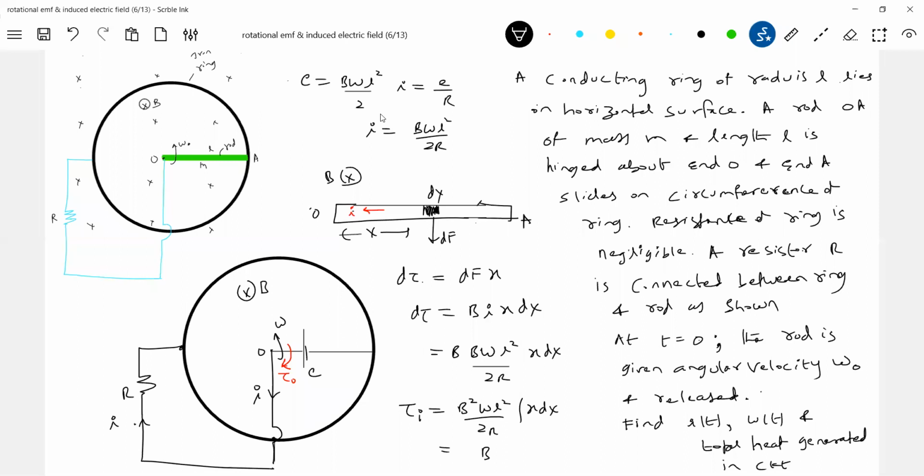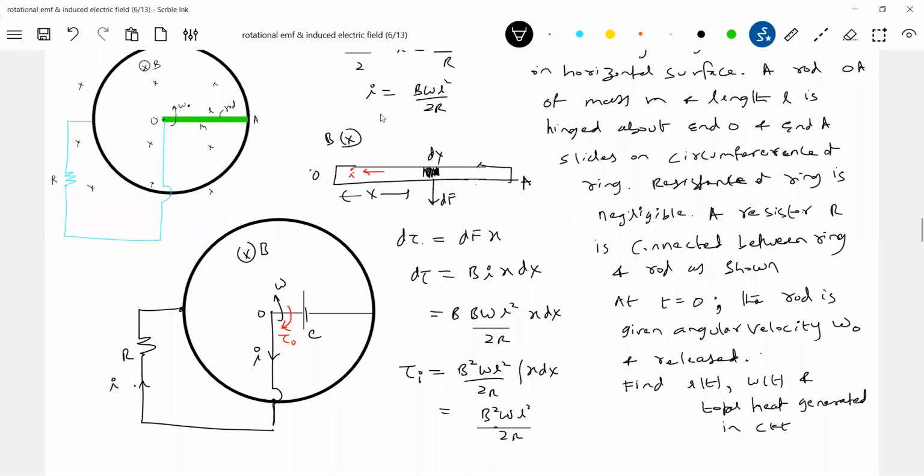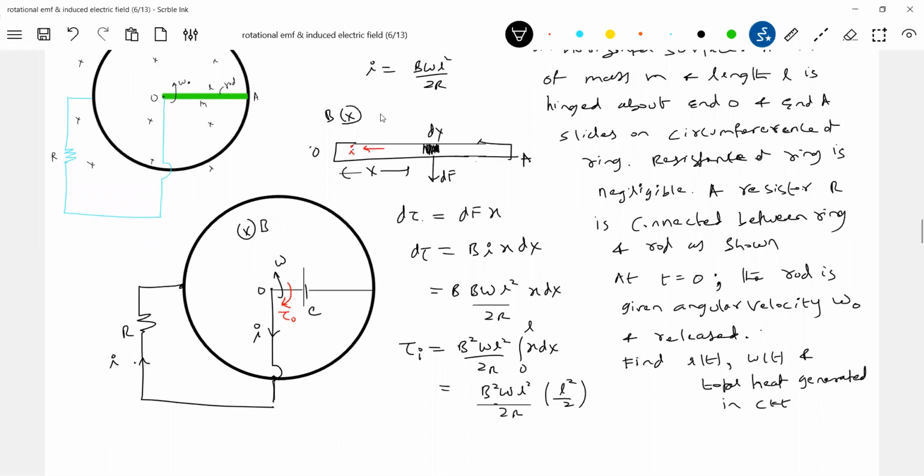So this should be equal to B square omega L square by 2R, integrated from 0 to L. So what should the total induced torque be? Tau I equals B square omega L to the power of 4 by 4R. This you call induced torque, or torque due to induced current. Just call it induced torque, and it is directed opposite to angular velocity.